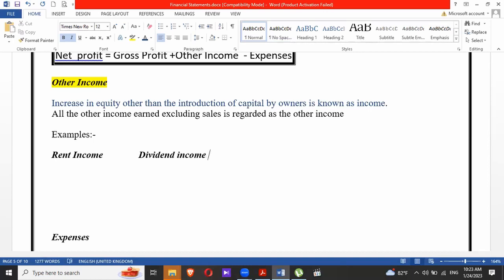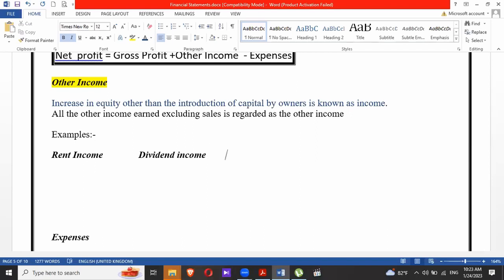If you have an additional building or motor vehicle, you can rent it to an external party and earn income. Dividend income means if you have extra money, you can invest it in another company's shares. The return on the shares is the dividend income.